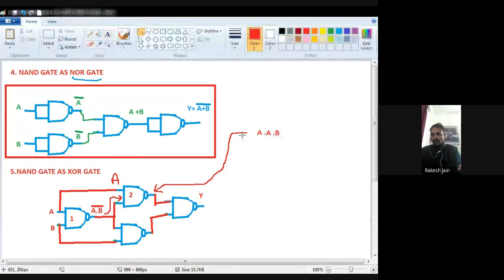See very carefully. Now what is the output of this second NAND gate? That is A dot second input. Second input is A dot B bar. So first input dot second input having a bar. This is the rule of the NAND gate.